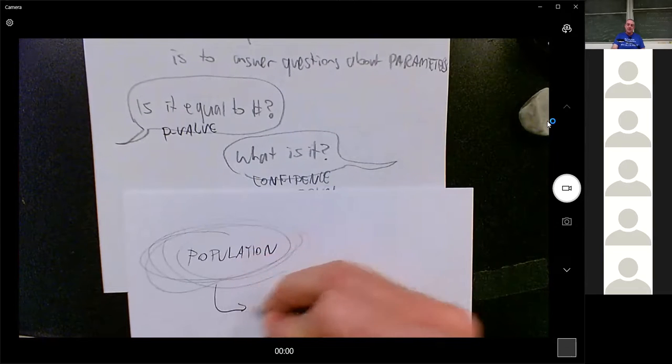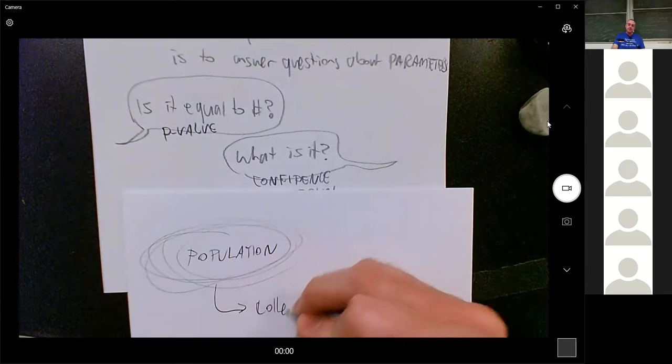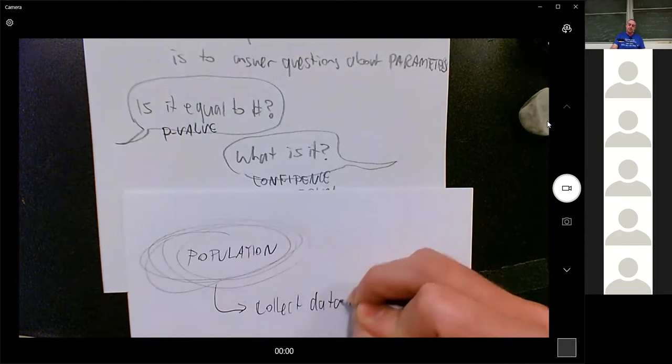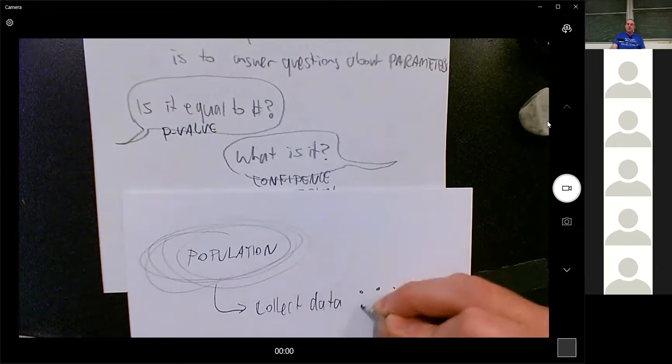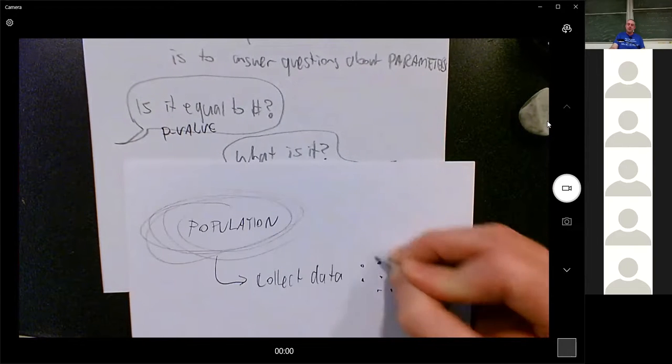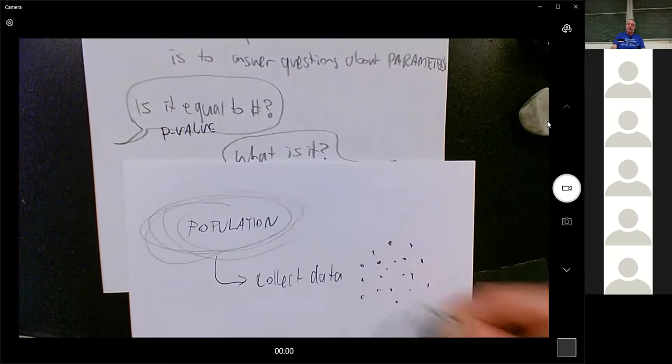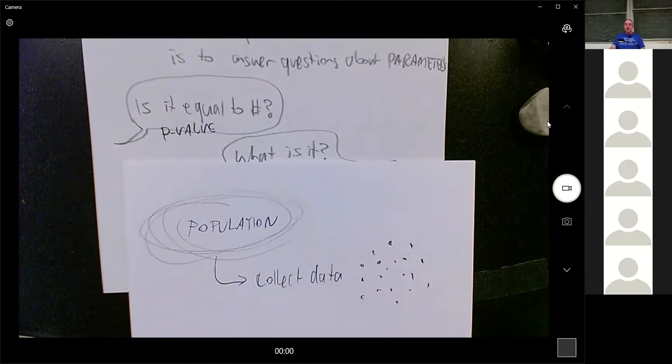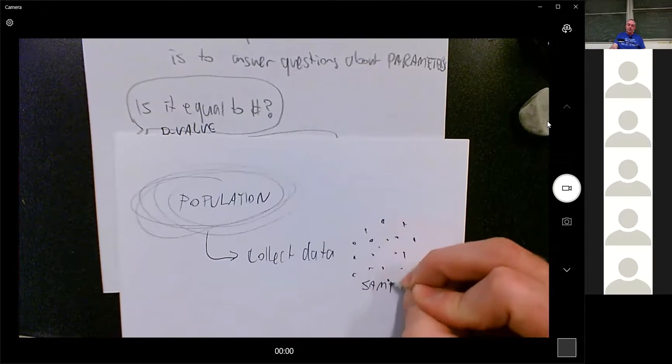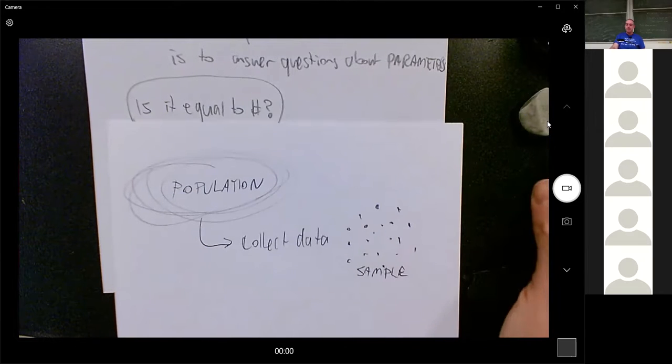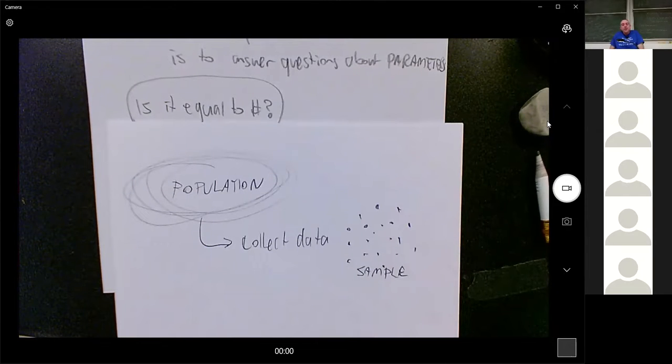And then you collect the data, and that's got all these individual objects or situations, all with their own number. And they call this a sample. These are just some of the things that could possibly be produced by the population. We never know for sure, but we imagine what the population could have been.